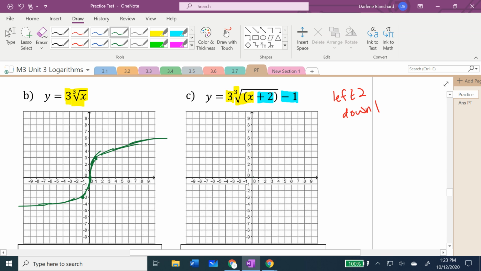And I'm going to plot the 3 important points that I'm following from the previous graph and then move each of them. So I'm going to move each of them left 2, down 1, left 2, down 1, left 2, down 1. And then just draw it again.